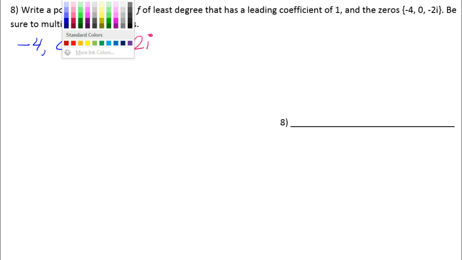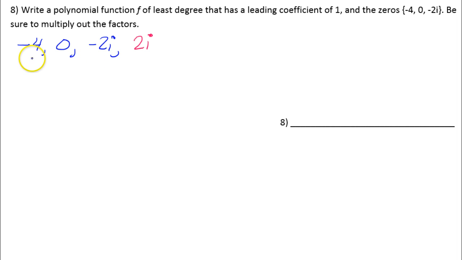Now let's turn all these into factors. The corresponding factors are x plus 4, looking at the negative 4. Now this 0, you might think something like x minus 0. But guess what? x minus 0 is just x, so it would be silly to put the minus 0 with it.